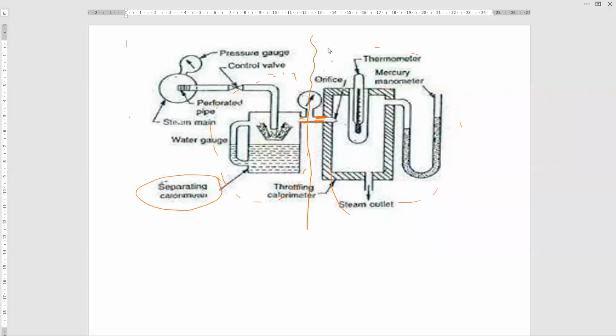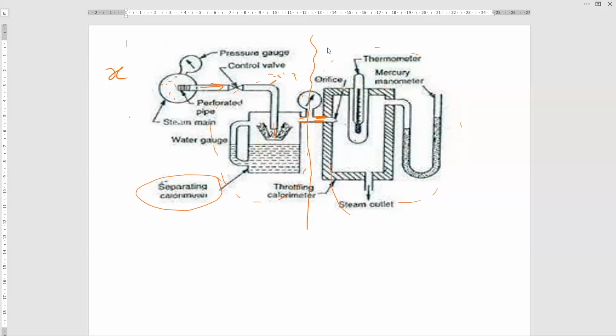Now this experimental setup is used for determining the dryness fraction of steam. Let us consider X as the dryness fraction of the steam. This steam we are supplying from the boiler to the main pipe. When you supply it to this separating calorimeter, the steam contains moisture.